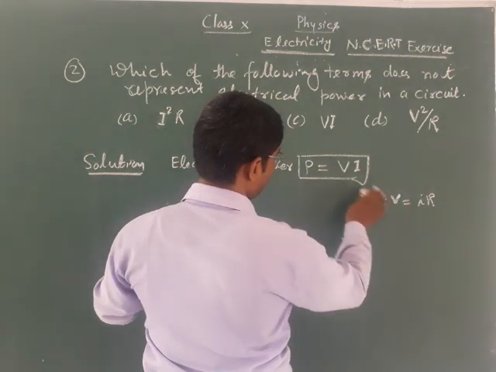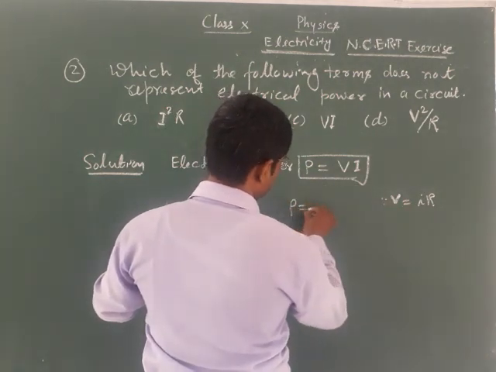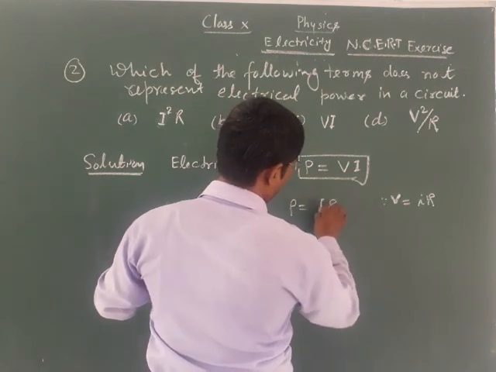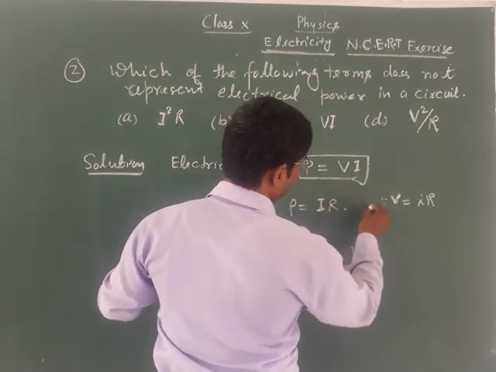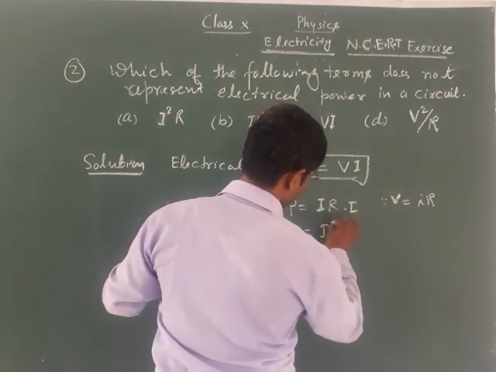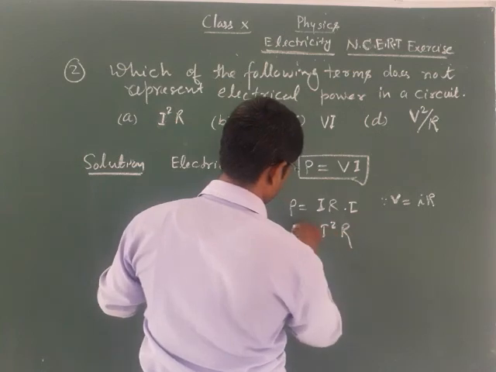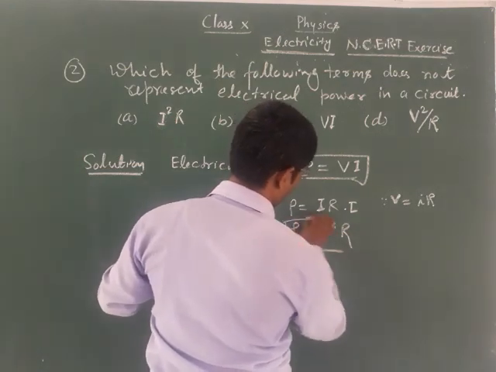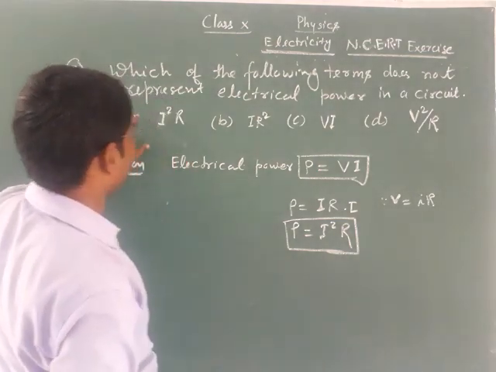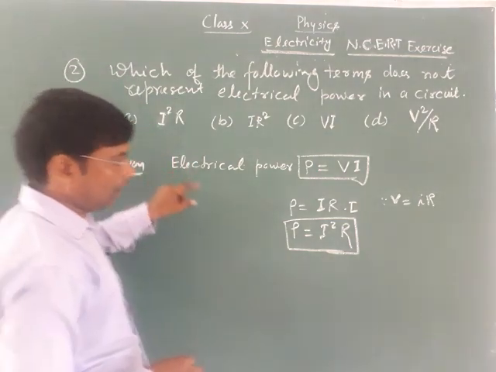Now putting the potential here, P is equal to IR into I. So this is I square R. So this is power P equals I square R, which is option A.